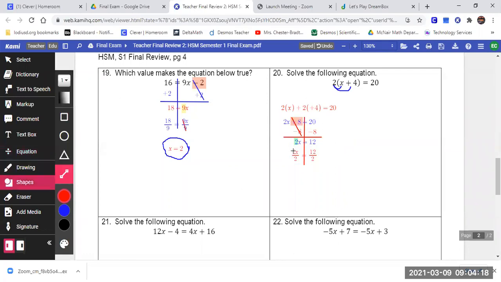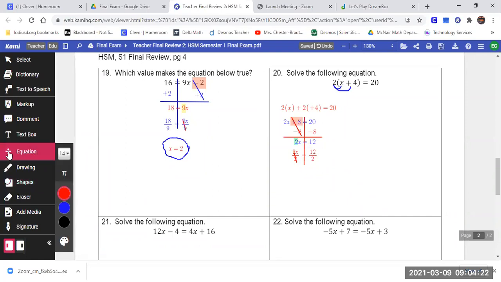I know I've zeroed out this, and there's just an x there. And then we get to solve for what 12 divided by 2 is. 12 divided by 2 is 6.